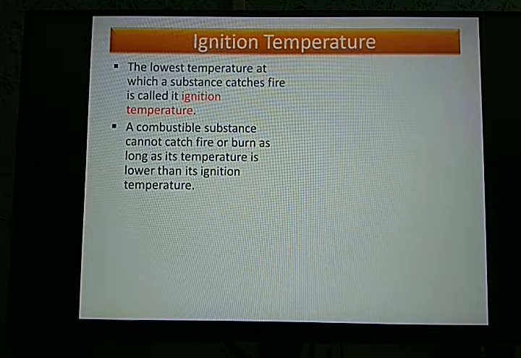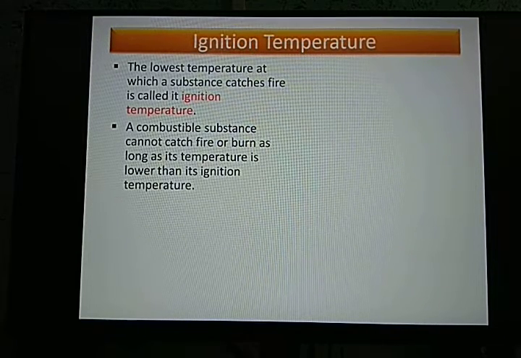It will not happen because the room temperature is much lower than the ignition temperature. Clear?